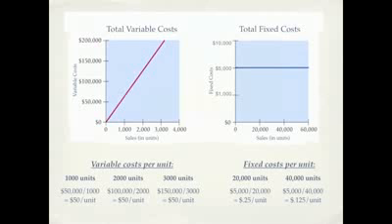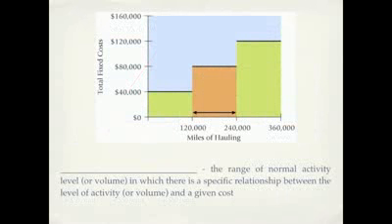So now this brings us to what we call a relevant range. It's important to note that, for example, here we have a graph of fixed cost. Notice that between 0 and 120,000 miles, our fixed costs stay the same. Now we know that total fixed costs do not change, but here it's increasing.